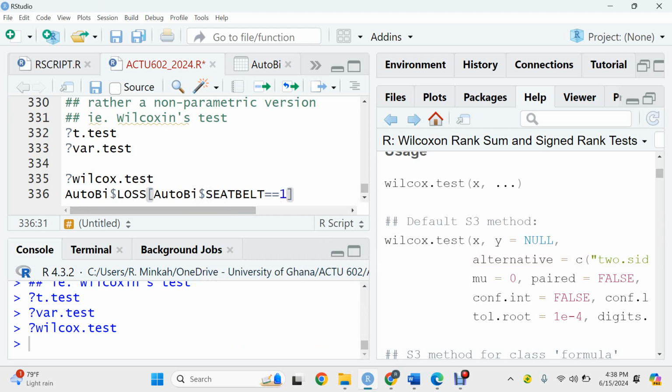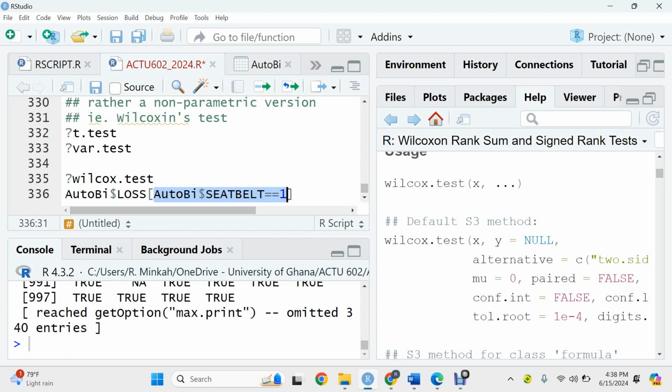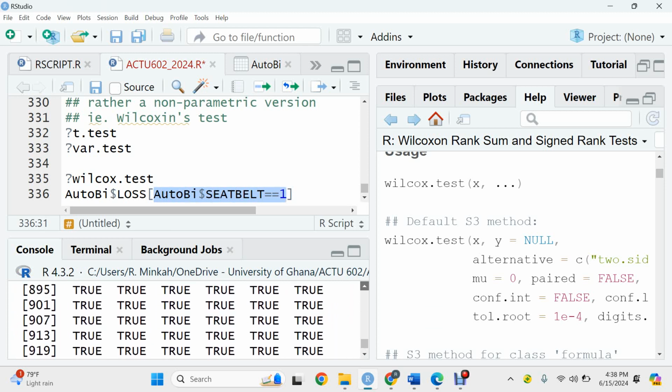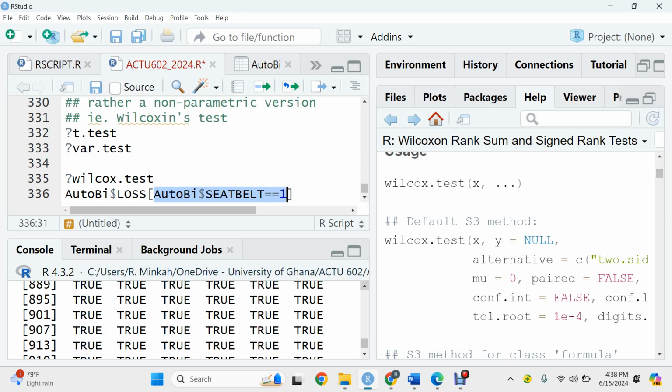So if I do this, it is a question, checking whether the seat belt is equal to 1. You see, I get true for those that are equal to 1, and those that are not equal to 1, I'll get what? False. Now, if I pass this through, those that are true will be selected. Those that are not true will not be selected. So if I negate it, it now becomes what? Those who were not wearing seatbelt.